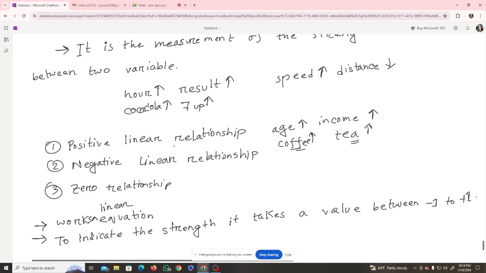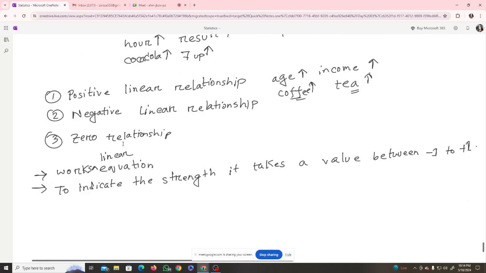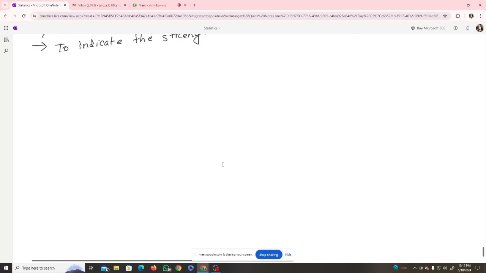So we can see the relationship between two variables, that both are increasing at the same time, or we can see one is increasing and at the same time another one is decreasing. So by looking at the graph, we can understand if it is a positive linear relationship, or is it negative, or it doesn't have any relationship at all. So let's look at some graphs.